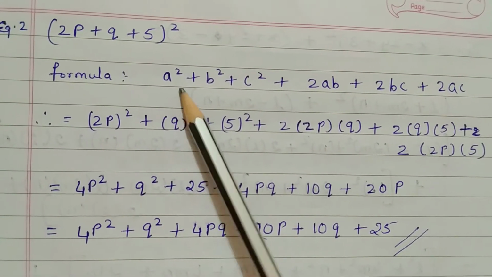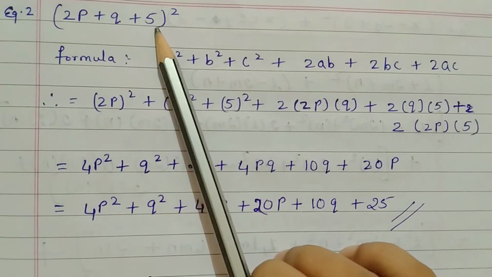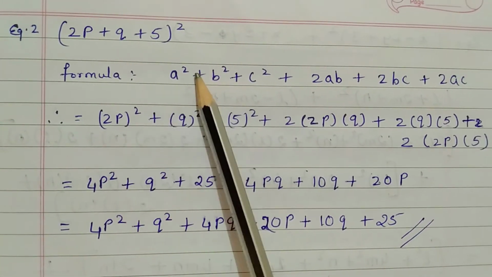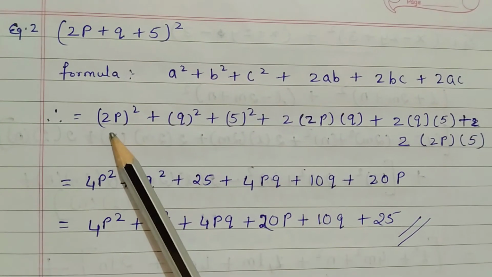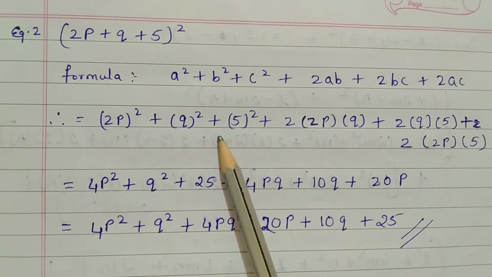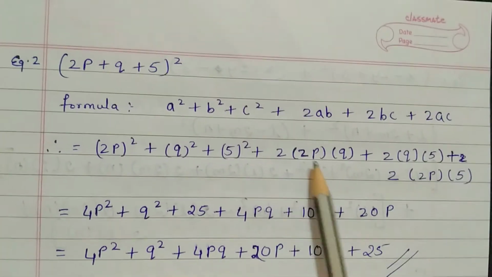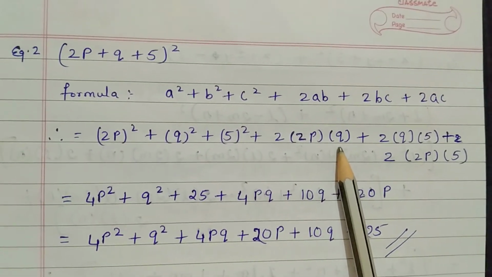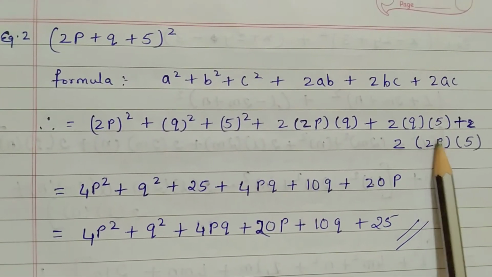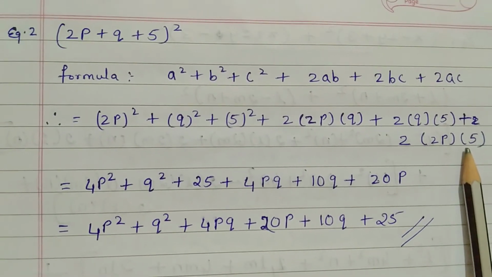A is 2p, b is q and c is 5. So by using this formula, 2p the whole square plus q the whole square plus 5 the whole square plus 2 into 2p into q plus 2 into q into 5 plus 2 into 2p into 5.